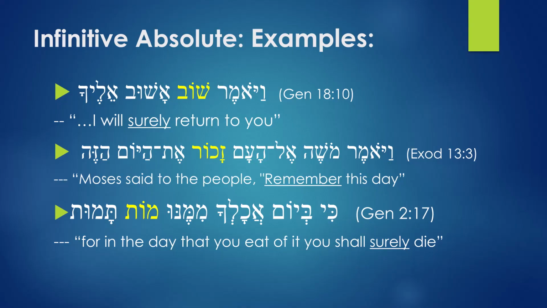That infinitive absolute, mot, is giving emphasis to tamut. So in translation, you're going to say, you shall surely die. Mot tamut. So that's the function of the infinitive absolute. That's very important in exegesis.